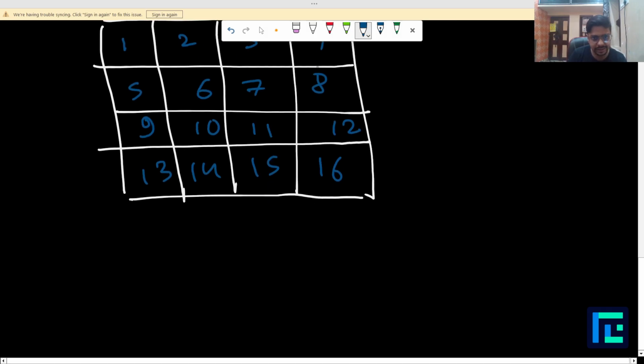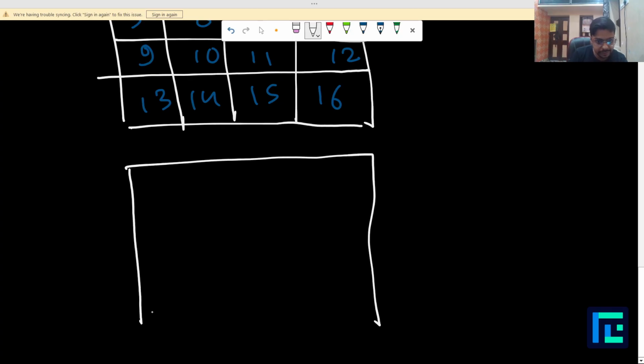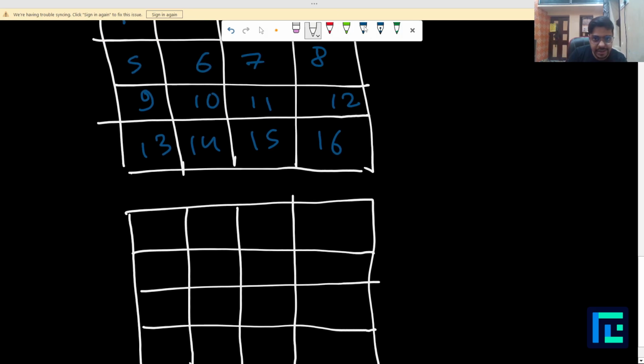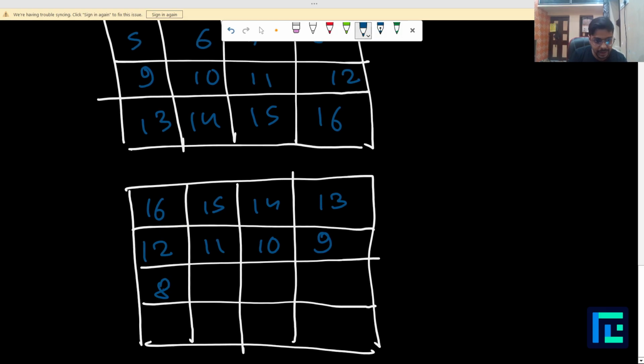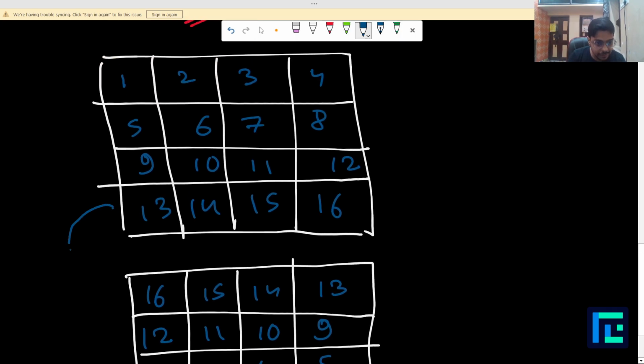After rotating by 180 degrees, the grid will look something like this: 16, 15, 14, 13, 12, 11, 10, 9, 8, 7, 6, 5, and 4, 3, 2, 1. This is how the grid will look if I rotate it by 180 degrees.